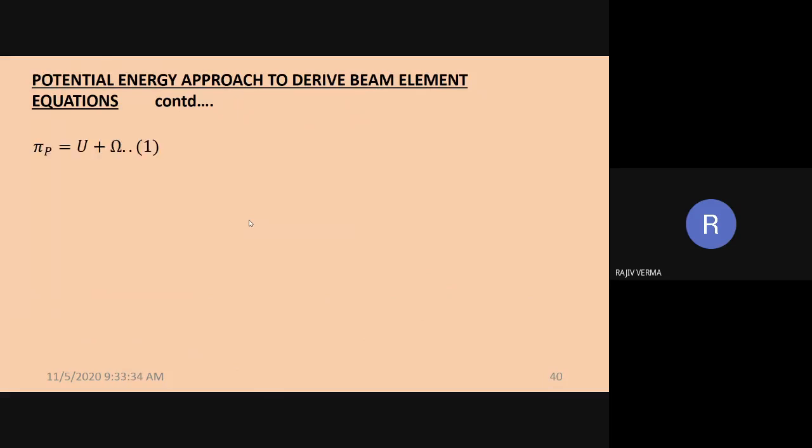So we have equation number 1 as the total energy. The strain energy is obviously the integration of stress multiplied by strain, and the integration is carried out over the entire domain. This is equation number 2.